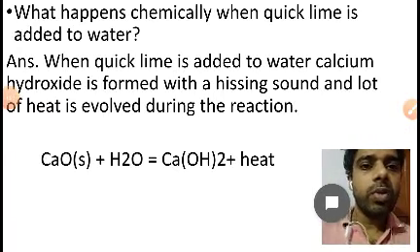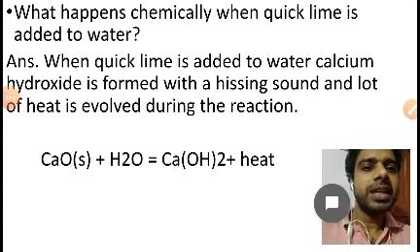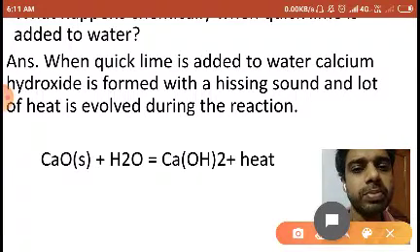Now the next question: what happens chemically when quicklime is added to water? This is a very simple question.